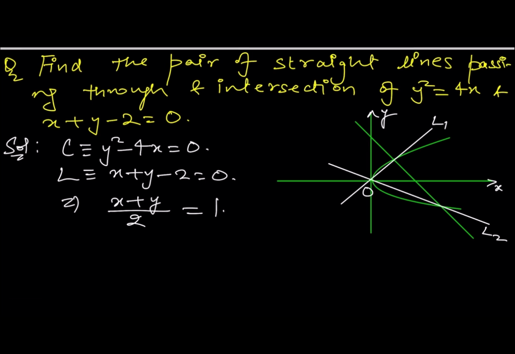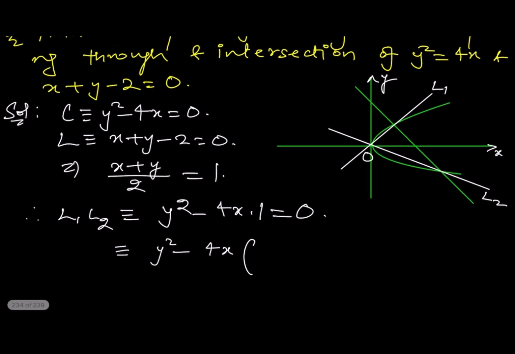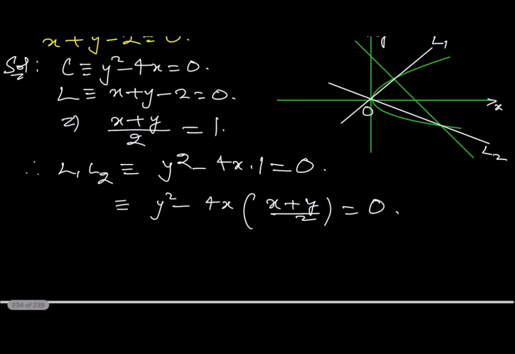So therefore L1 L2, which is the pair of lines passing through origin, can be written as y square minus 4x into 1 is equal to 0. Okay, or y square minus 4x into 1, means x plus y upon 2, is equal to 0.